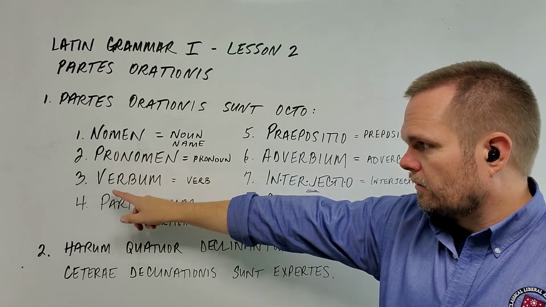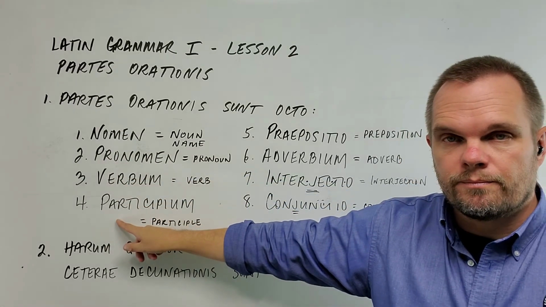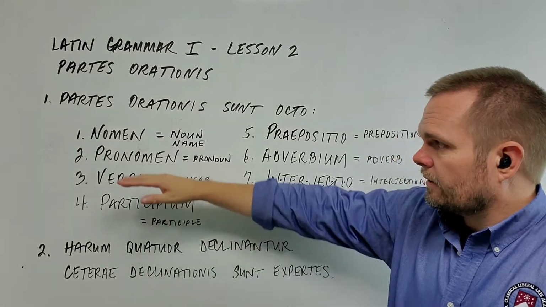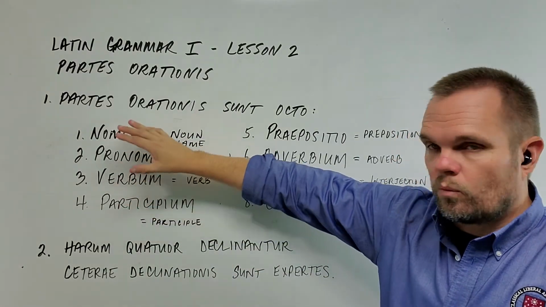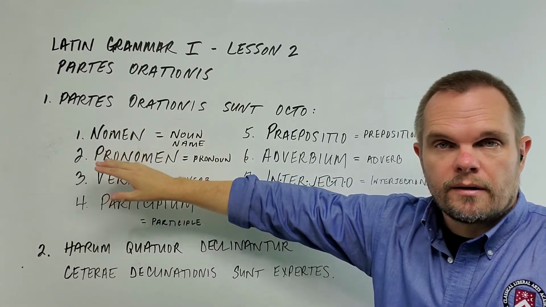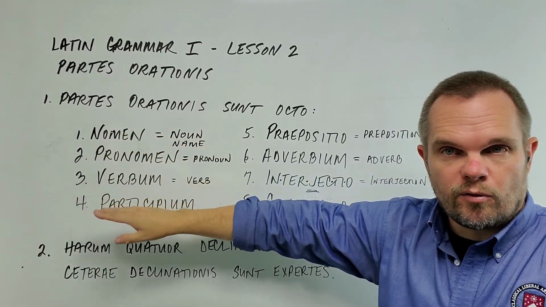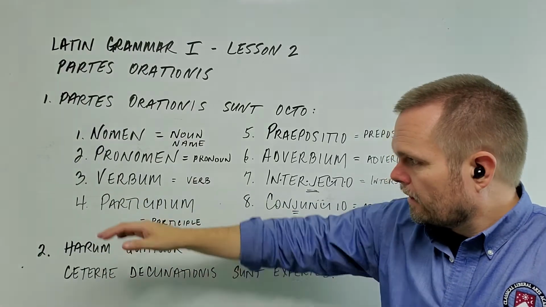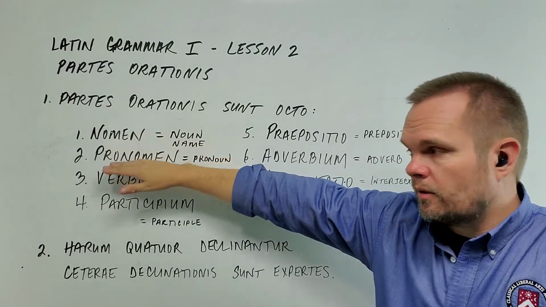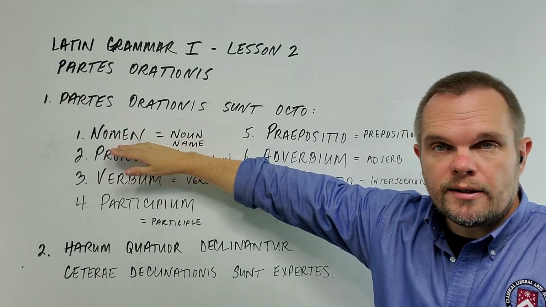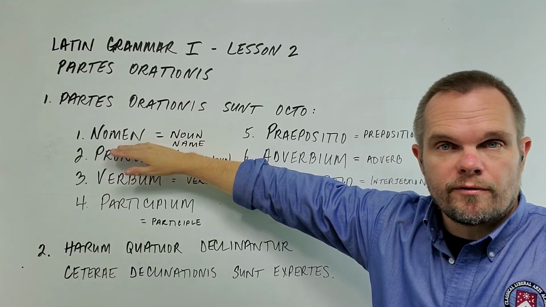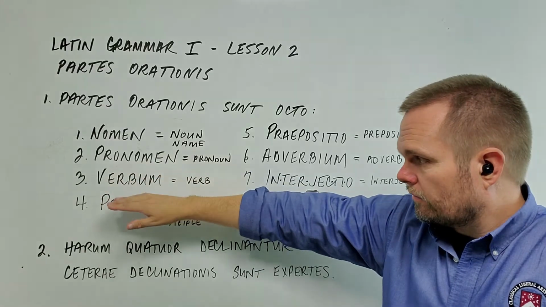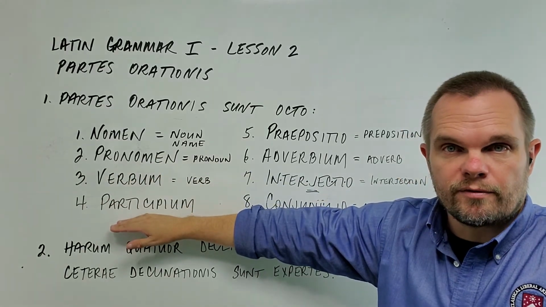Nomen, pronomen, verbum, participium. What it means to be declined is that these parts of speech, the words in Latin that belong to each one of these 4 parts of speech, have different forms. Okay, so when we learn about nouns, we're going to learn that each word has a number of different forms. Pronouns have different forms. Verbs and participles have different forms.